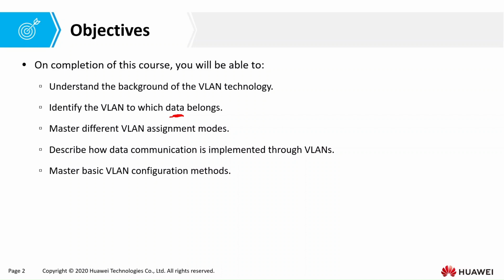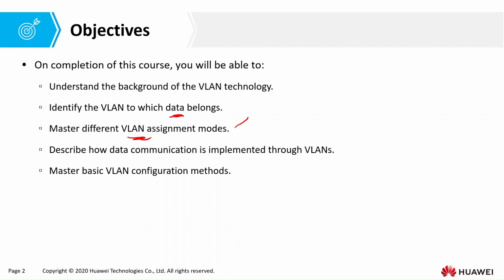You need to understand what we mean by tagged frames and untagged frames, and also the different approaches for assigning VLANs. For HCIA Datacom, we focus more on assigning by port-based, or Ethernet interface-based, and also MAC address-based. But you have other approaches also. Later you will go through some of the other approaches, but those are more under the HCIP Advanced Routing and Switching syllabus.